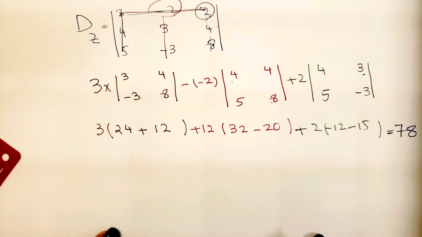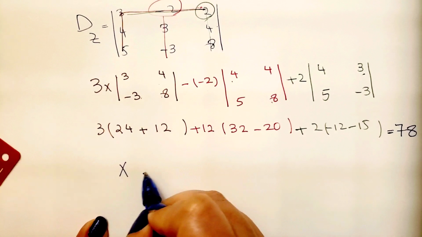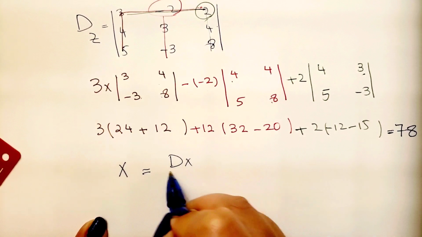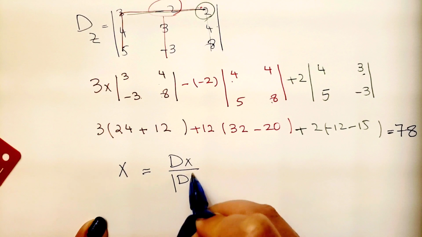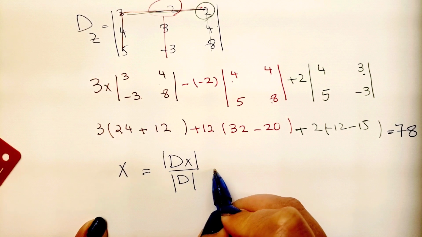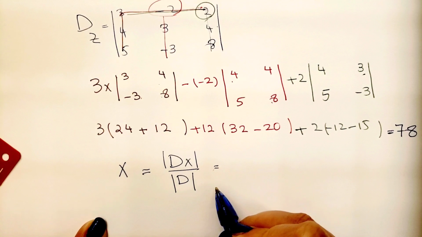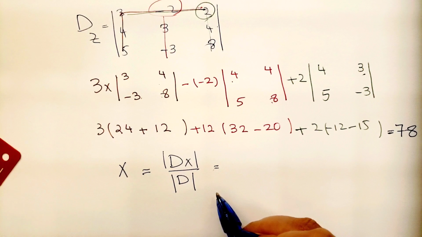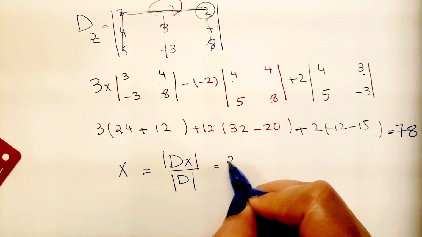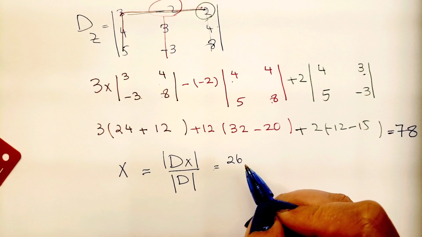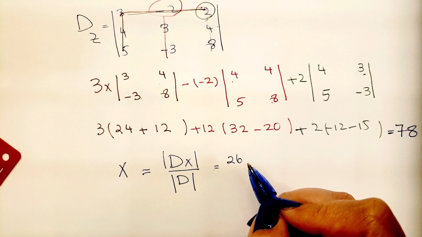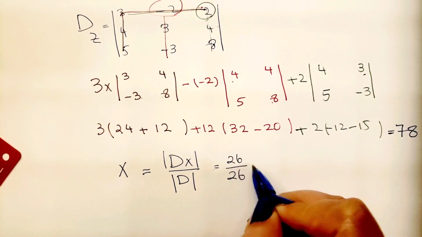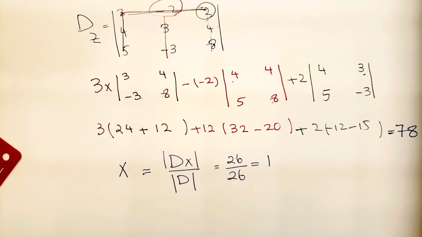Now it's time to calculate the x, which is determinant of x over determinant d, which is the value of dx was 26, and the value of determinant d was also 26. So the x value would be 1.